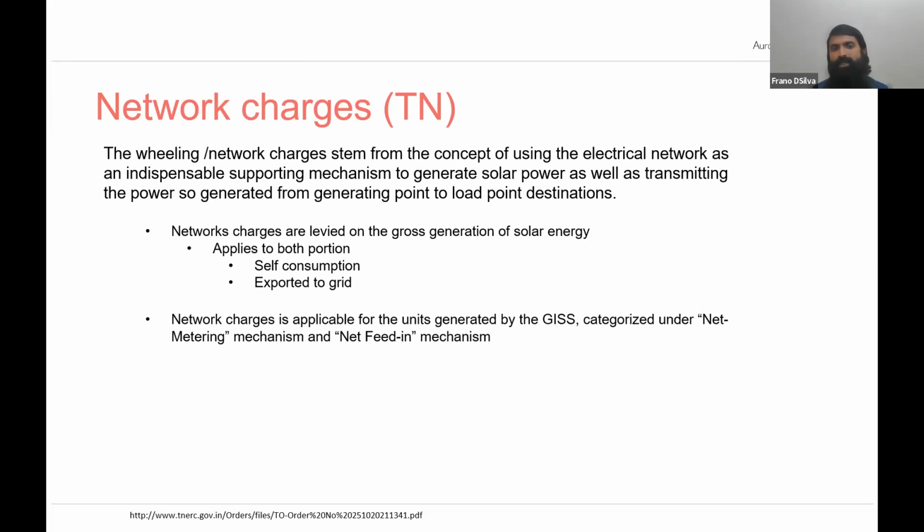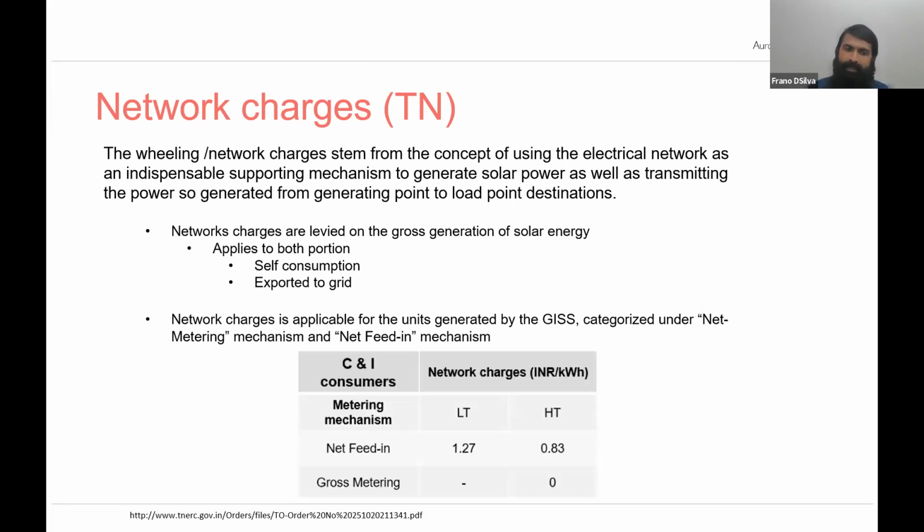The network charges are applicable for units generated by the grid interactive solar system under the net metering and net feed-in mechanisms only. And for CNI consumers, as shown in the table, the network charges are defined separately for the voltage type as well as the metering mechanisms.